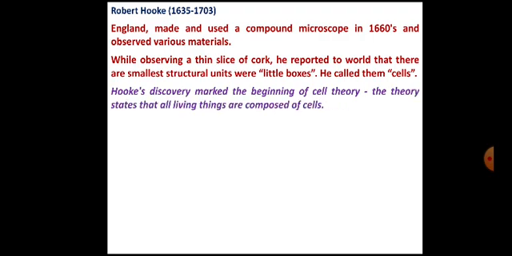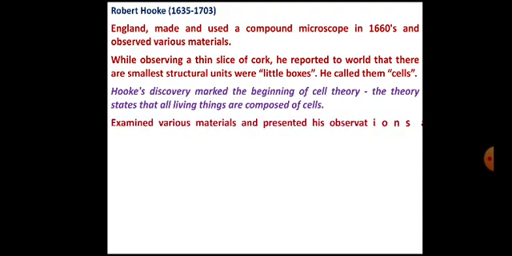Hooke's discovery marked the beginning of cell theory, and cell theory states that all living things are composed of cells. So this is how the discovery of cells is in the name of Robert Hooke. Robert Hooke discovered the cells and also mentioned that all living organisms are made up of these little boxes, which are called cells.